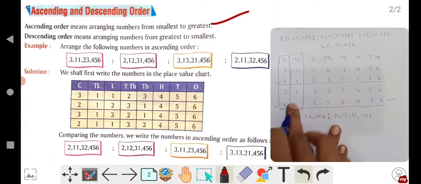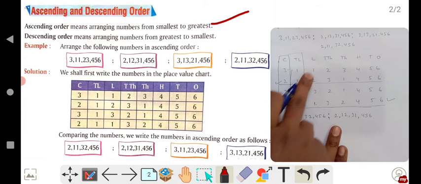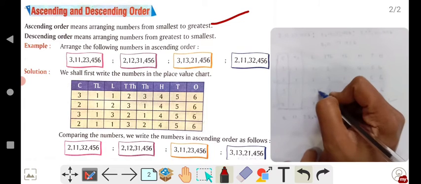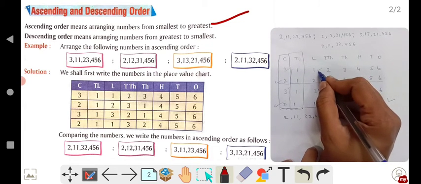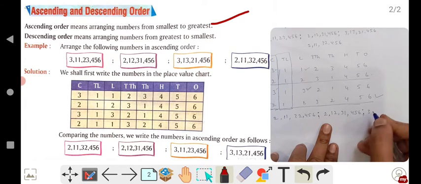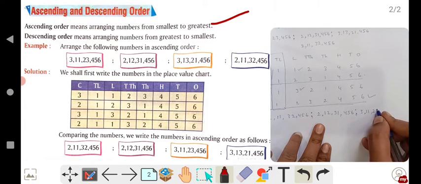Here you can see again 3 and 3. As I said, first compare in crores place. It is the same. In 10 lakhs, it is the same. Then come to the lakhs place. In lakhs place, we can see here 1 and 3. Which is small? 1 is small and 3 is big. Therefore, this number will be smaller, that is 3 crore 11 lakh 23,456.